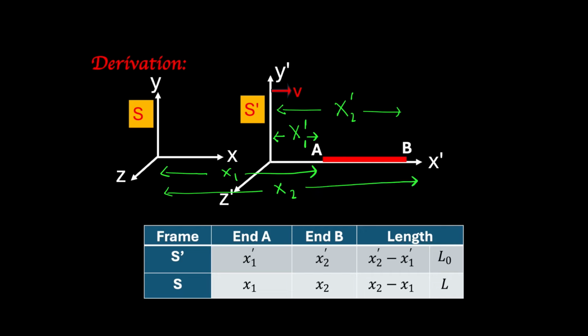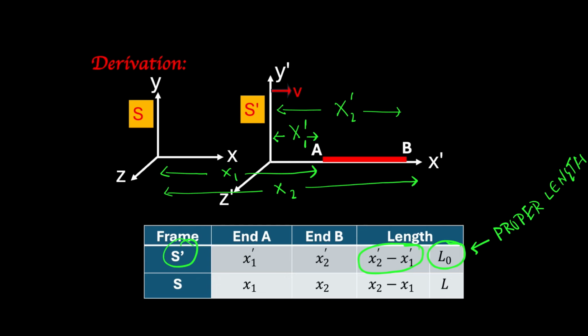Therefore, the length of the bar as measured from the S' frame is x2' minus x1', which represents its proper length, denoted as L0. This is because the bar is at rest relative to the observer in the S' frame.